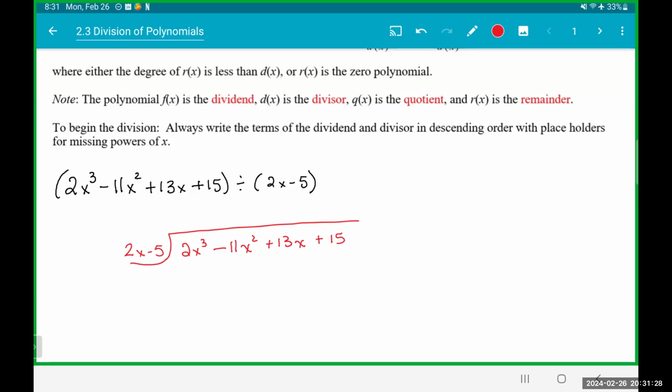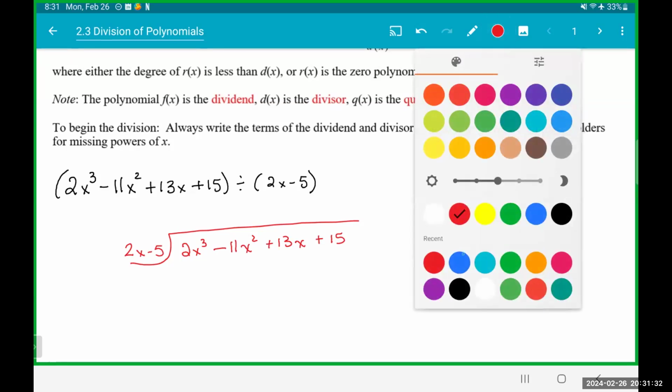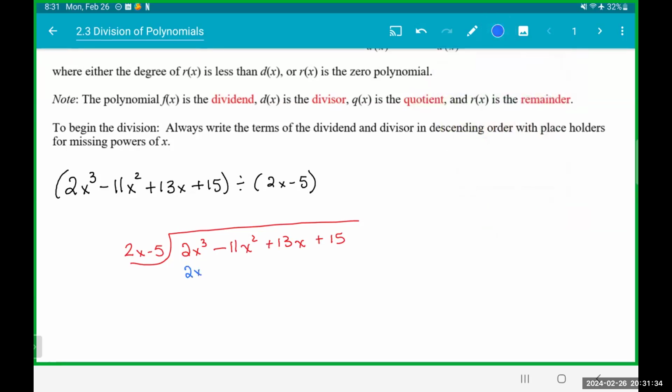Now, ultimately, I need to have a value here that is 2x cubed so that when I subtract them, that goes away, okay? So what do I need to multiply this by to give me 2x cubed?